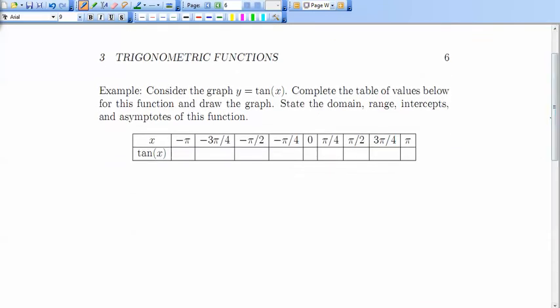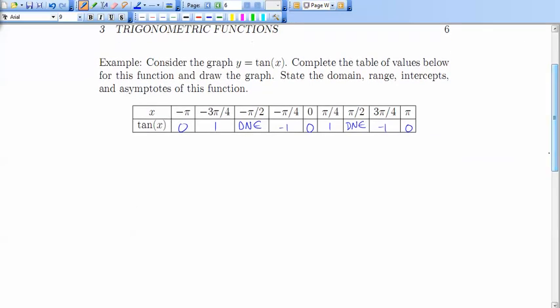So if we look at the tangent graph here, if I calculate tangent of 0, that'll be 0. And here the tangent of pi by 4 is going to be 1. The tangent of pi by 2 is really weird. It does not exist. 3 pi by 4 will have a negative 1 value. So we have a very strange function here.